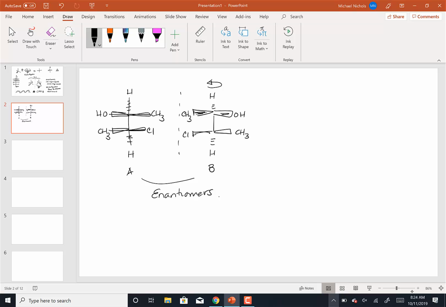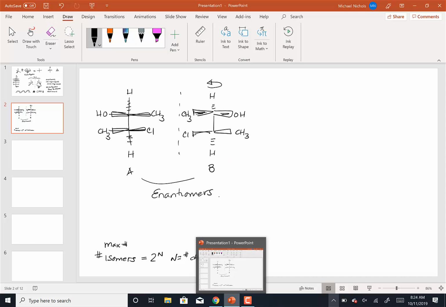Now, how many other structures can I draw from this? Well, we should start with a formula. It turns out that the maximum number of isomers possible is 2 to the n power, where n equals the number of chiral carbons. And that's just a mathematical thing.